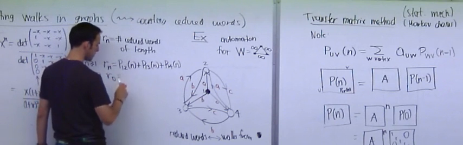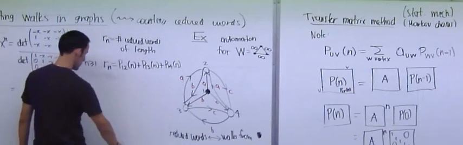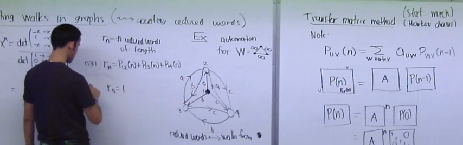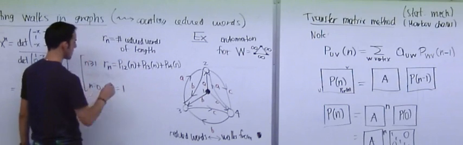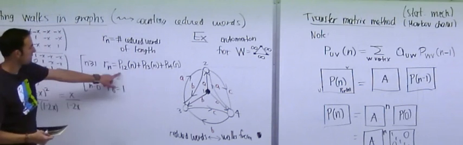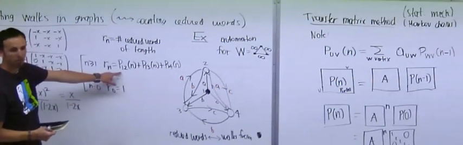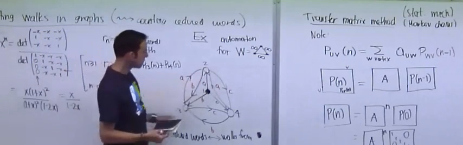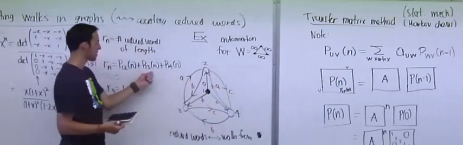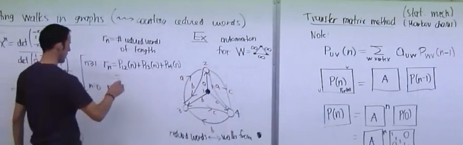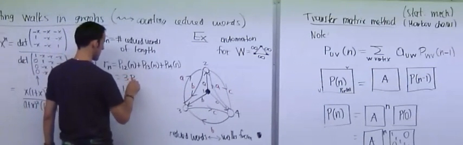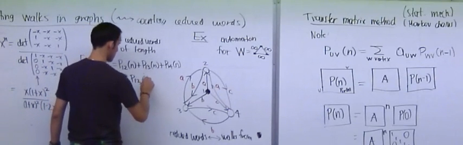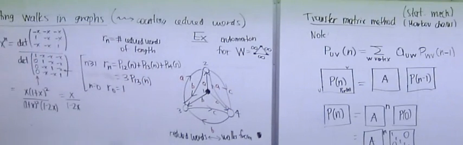But the point is that I can simplify this. Why? Because you see that this graph is perfectly symmetric in 2, 3, and 4. So these three numbers are equal to each other. And I get this. Okay?